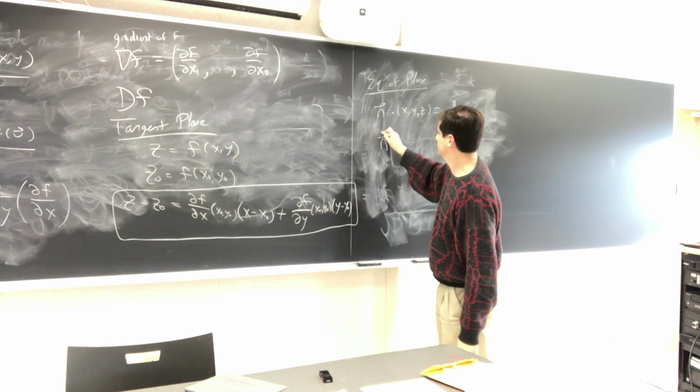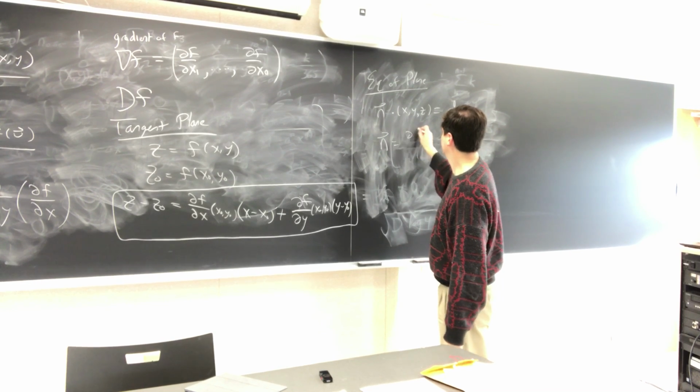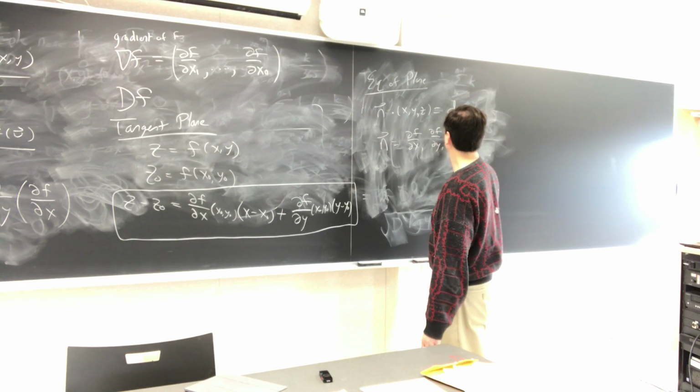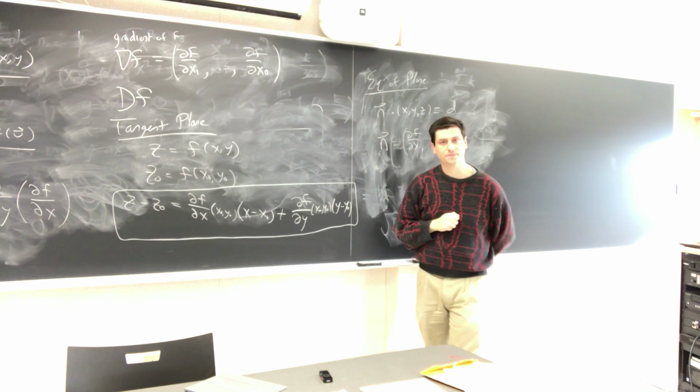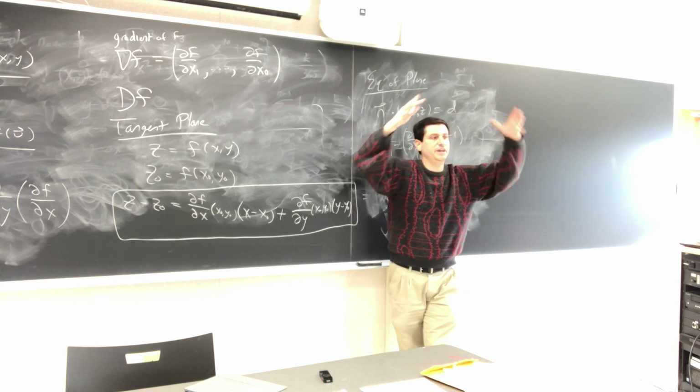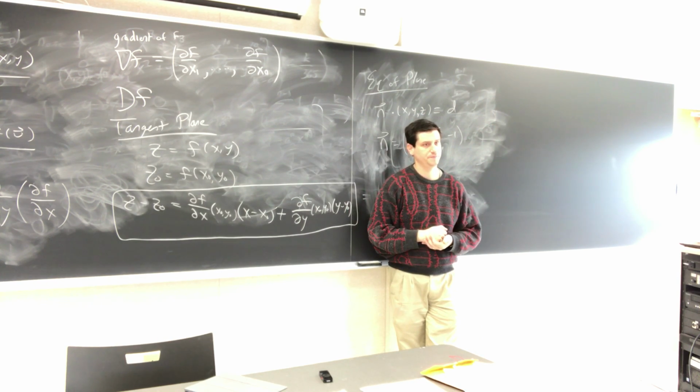The normal vector would be df dx, df dy, and then -1. And that will be our normal vector. And so here we're considering z as a function of x and y. So our surface z is giving us the height of how far above we are.